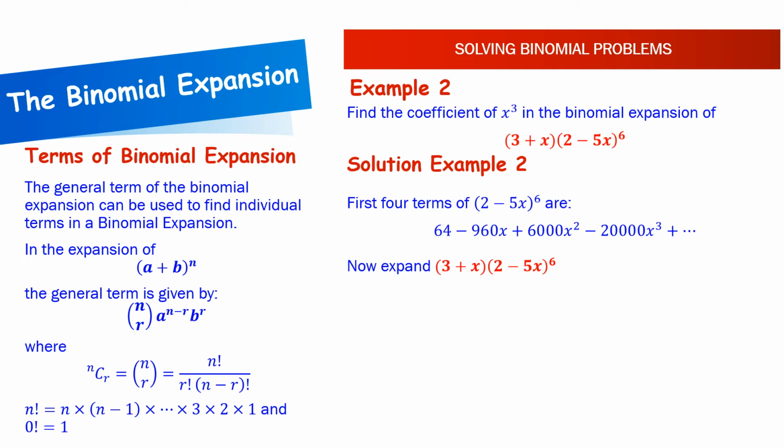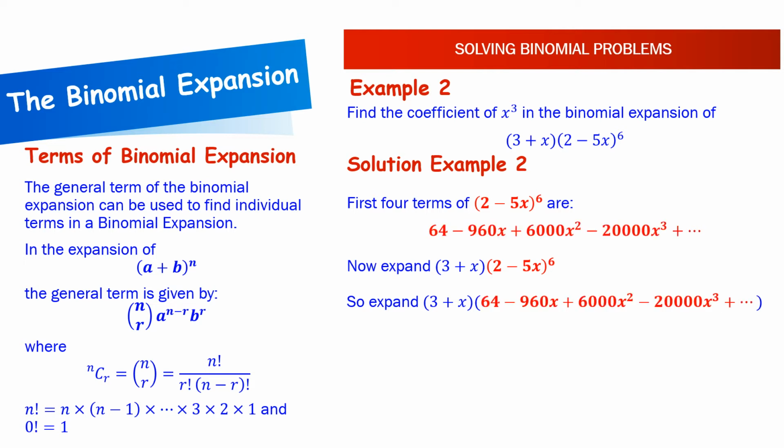Now we can expand (3 + x)(2 minus 5x) to the power 6 in order to find the x cubed term for the entire expression. So let's expand this. We only require the first 4 terms in the expansion of (2 minus 5x) to the power 6.